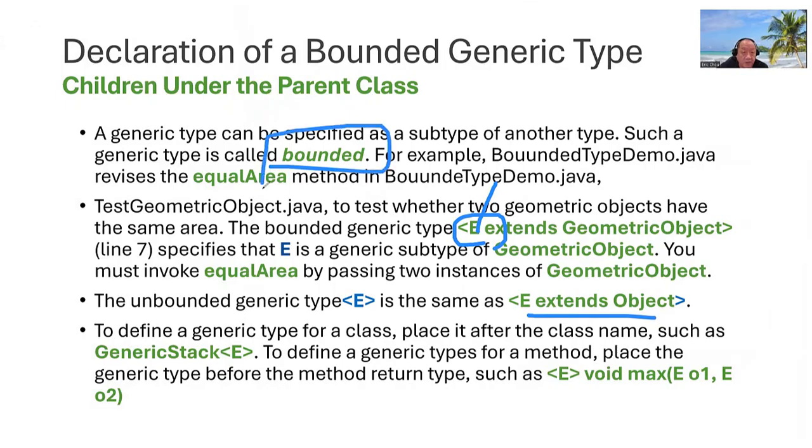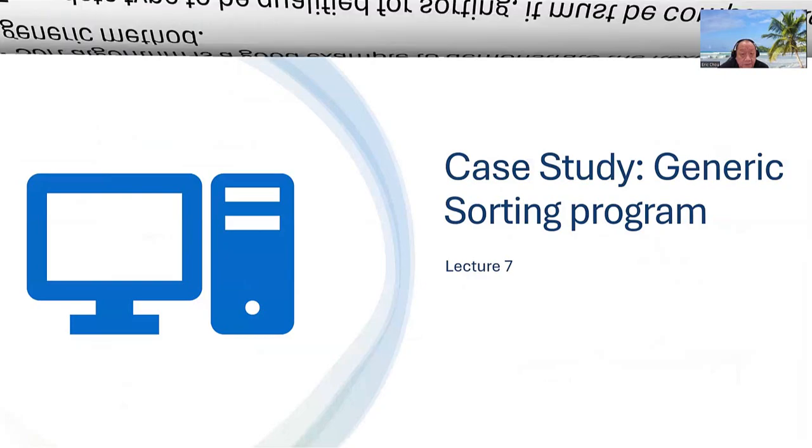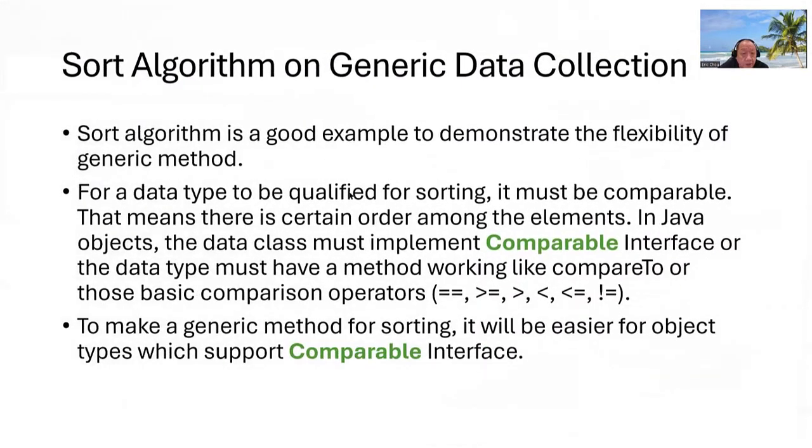We call it bounded. Bounded means that there's a qualification for the object type. Not every type can be put into the generic. Okay, so it's a bounded type. So usually Comparable is one thing that you would like to use, making sure that your data have the compare function. Okay.